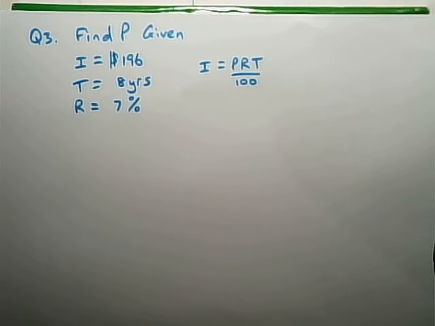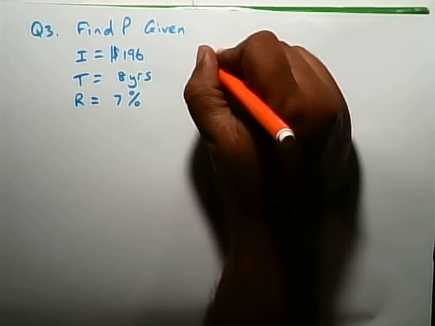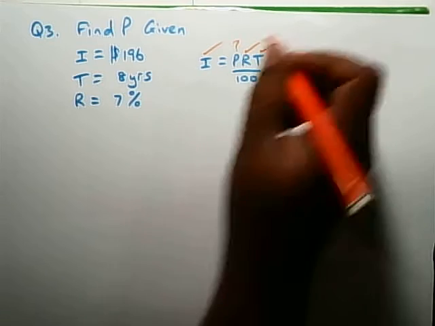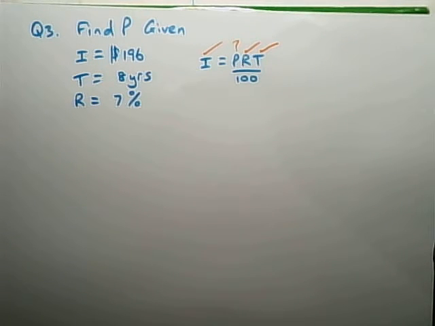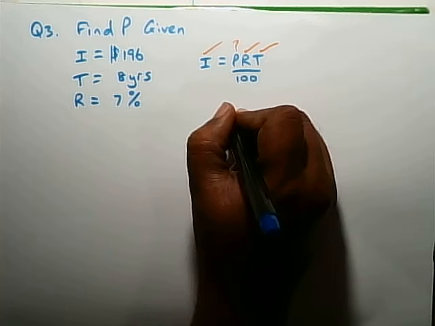And we see if this formula could help us find the principal by tagging the letters. We know I, we don't know P, we know R, we know T. So once you have the question mark at P alone and the rest are known, you know that you could figure out what P is. So now we continue with substituting.